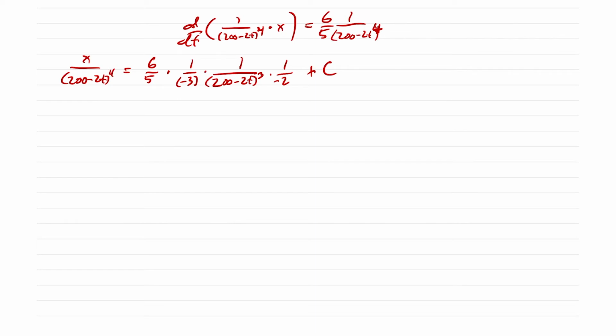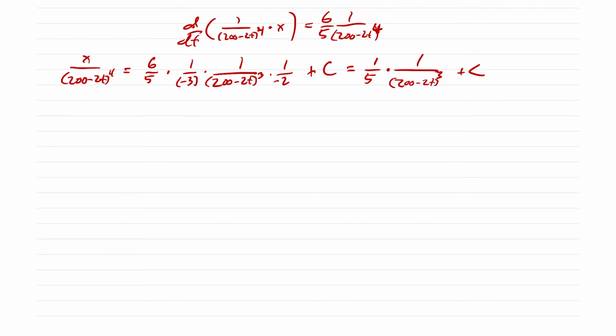And yeah, let's see. So we have -3 and -2 is going to cancel 6, and so this can be rewritten as 1/5 times 1 over (200 minus 2t) to the 3rd plus c.